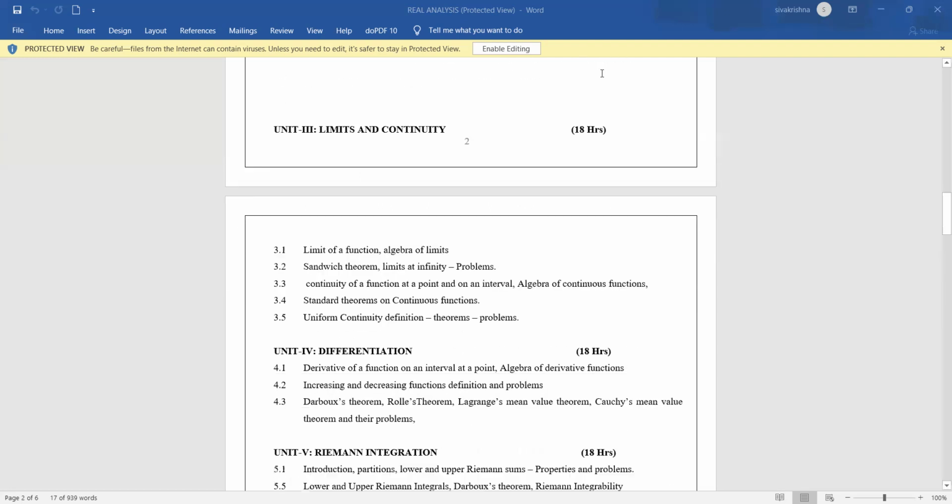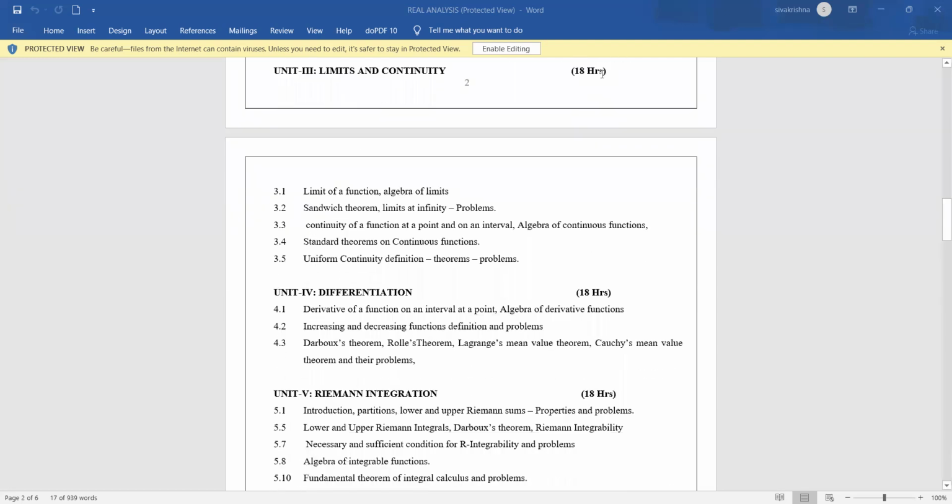In unit 4, which is a very, very important unit, we study differentiation. In unit 3, we learn about limits and continuity, and with the limit concept we define continuity. Once again, with the help of the limit concept, we will do problems on differentiation.